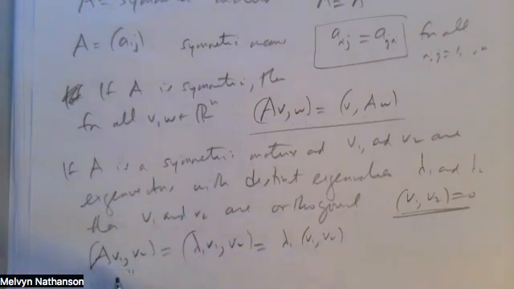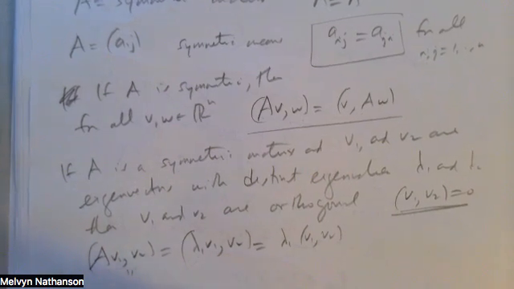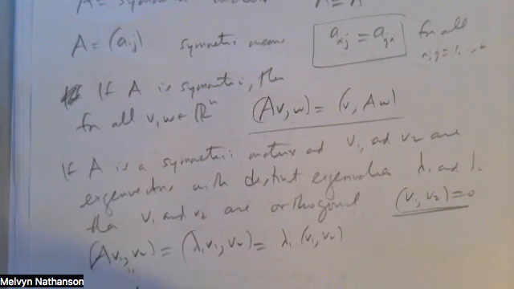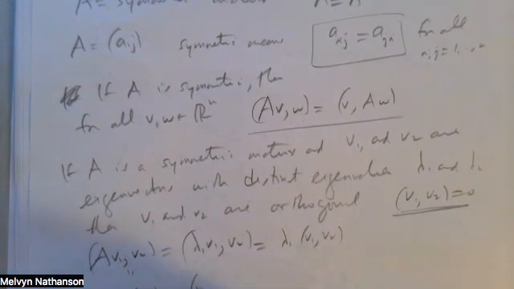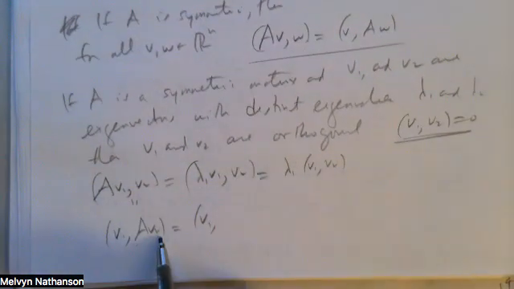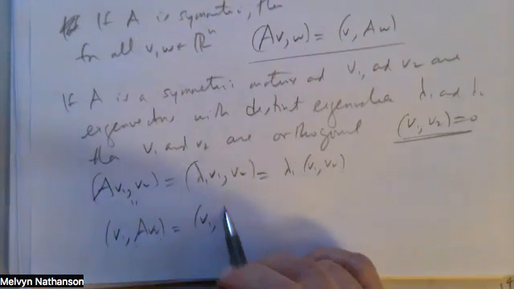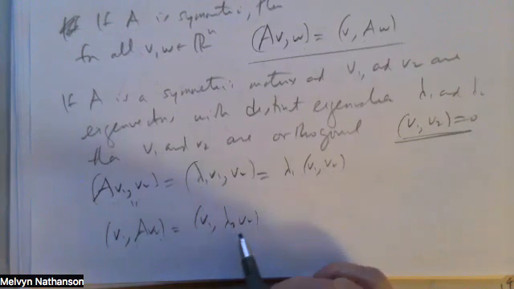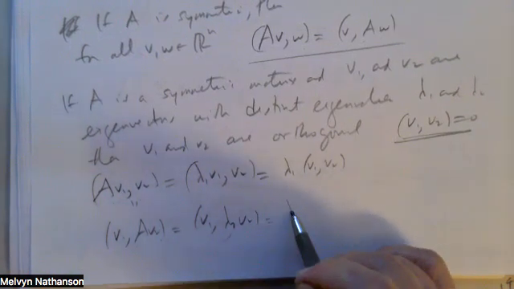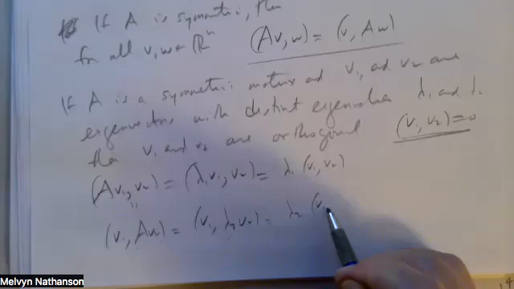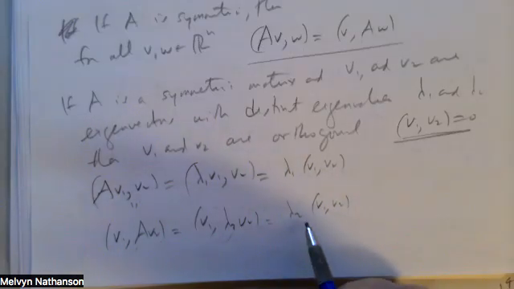On the other hand, because A is symmetric, the inner product of AV1 with V2 is the inner product of V1 with AV2. And AV2, because V2 is an eigenvector with eigenvalue lambda 2, is lambda 2 V2. I can take the lambda 2 outside, so lambda 2 times the inner product of V1 and V2.